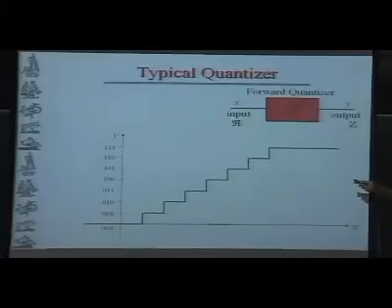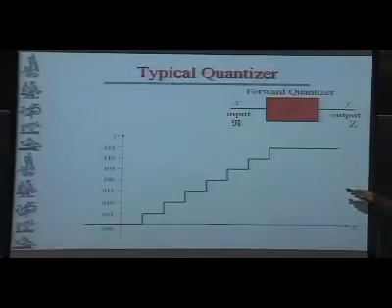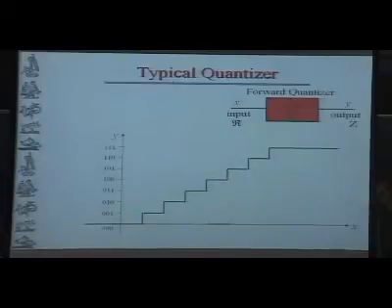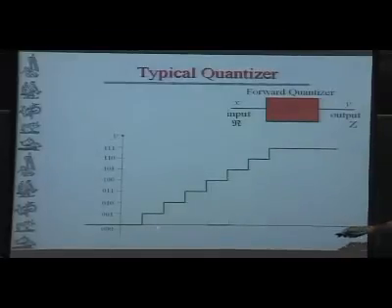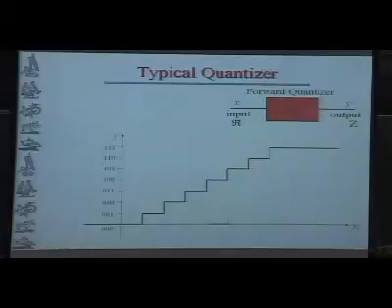X is the input coming in. It lives in the real space. And then the output is typically in the integer space or binary space or some finite precision space. So the forward quantizer is basically a mapping technique.